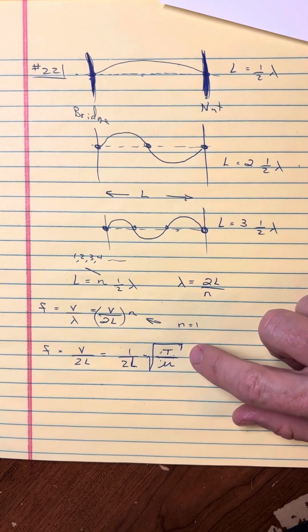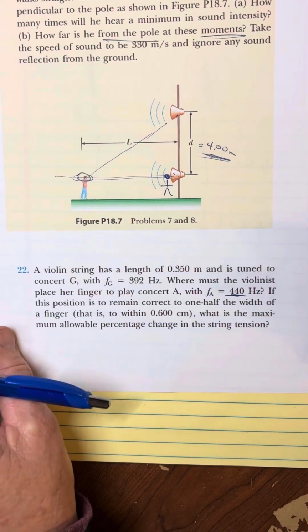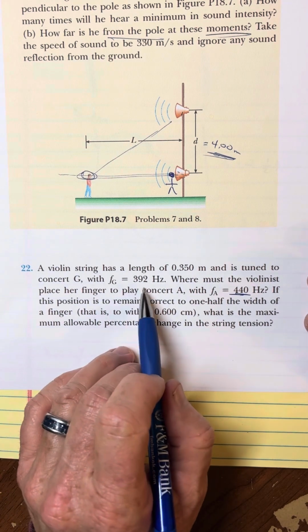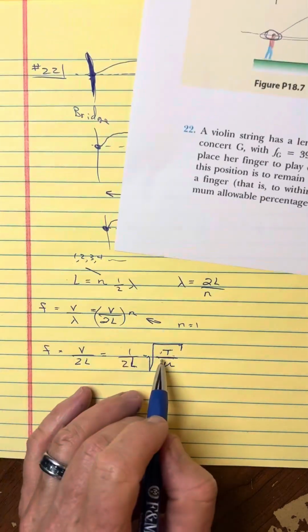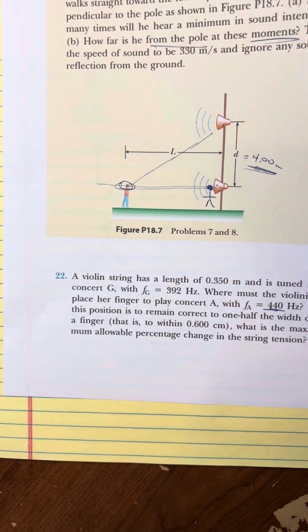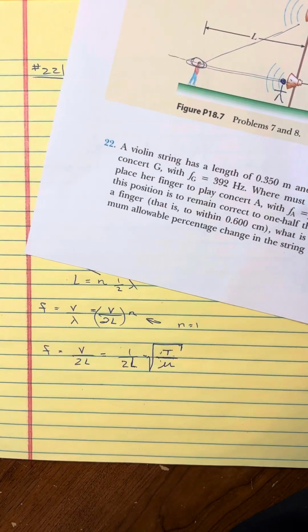And so, you would probably, pre-concert, go in there and adjust the tension until the tension's just right, so that this whole string makes the sound of a G, okay?